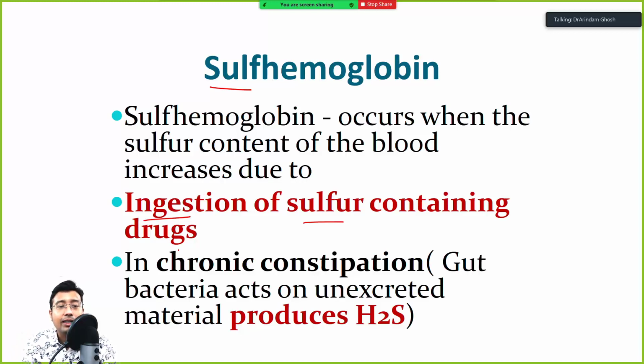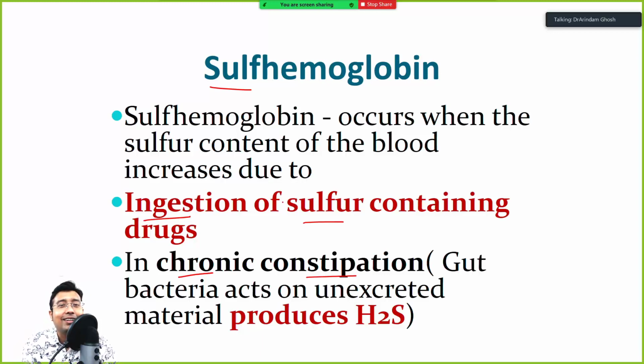And also, in case of chronic constipation, what happens in chronic constipation? This we know, right? Every one of us is passing flatus knowingly, unknowingly, willingly, unwillingly, right? And most often that is odorless to a great extent. But if someone is having constipation, for many days they haven't passed stool, then the other people have to go out of the house, right?